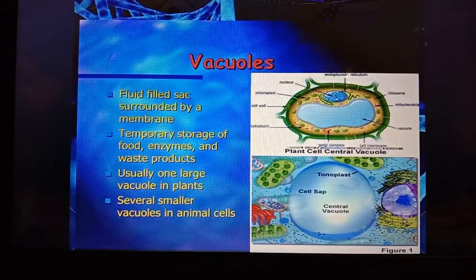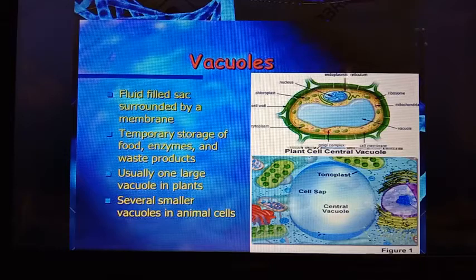Cell sap mainly contains watery solution in which there are sugars, amino acids, proteins, minerals, etc. Animal cells either do not have or they have small vacuoles.